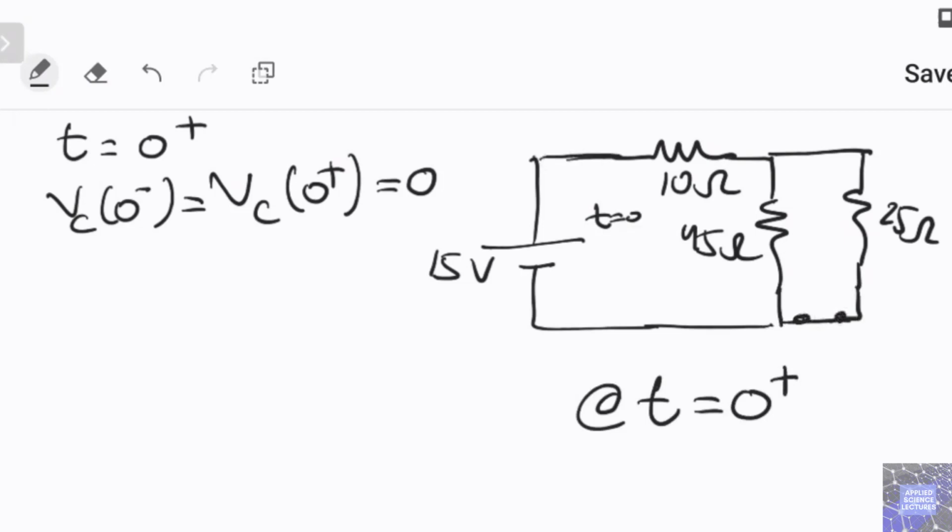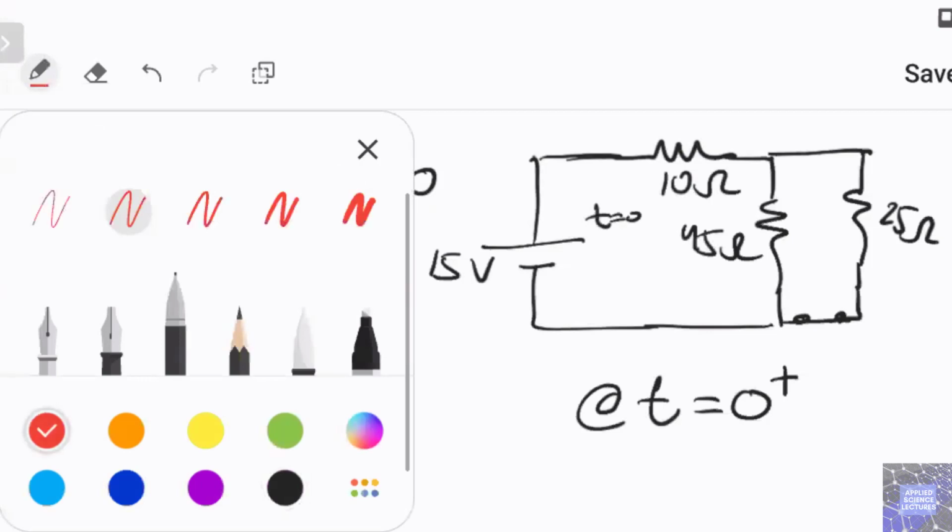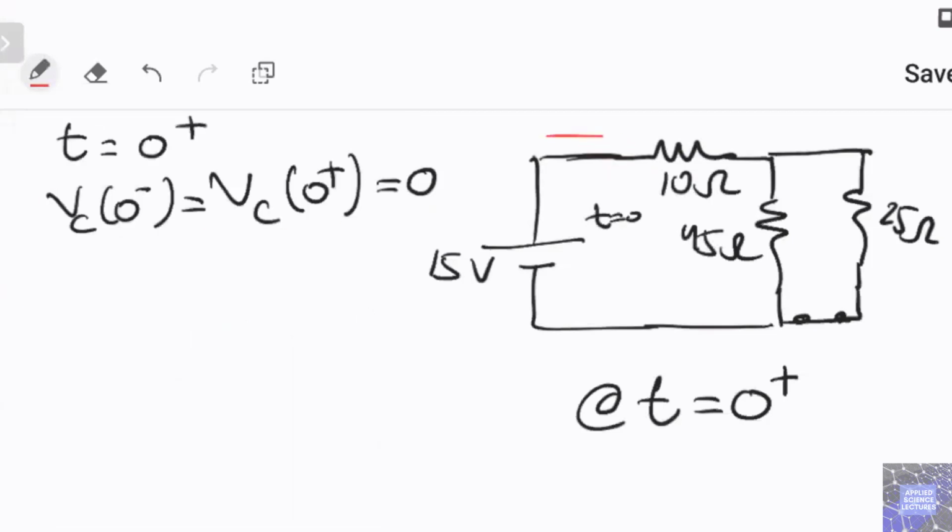So this is the circuit for the 0 plus moment. Now I will need to calculate the current, which is this current. Let me call this one I1.